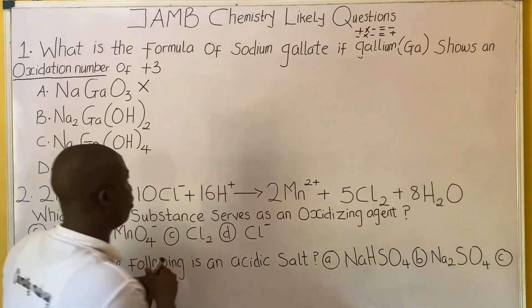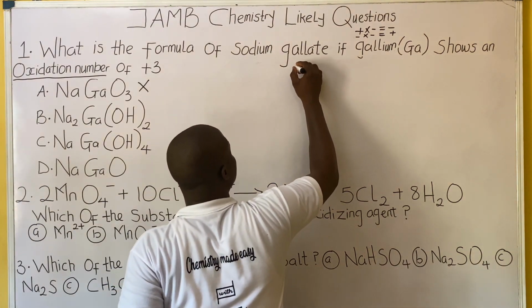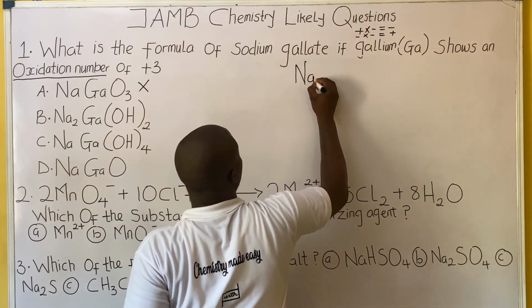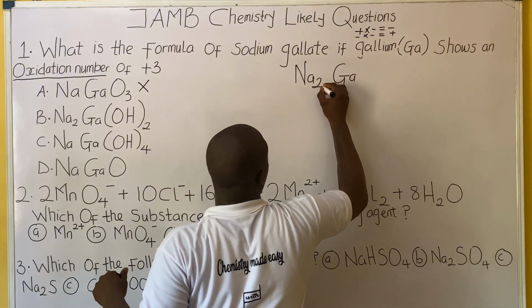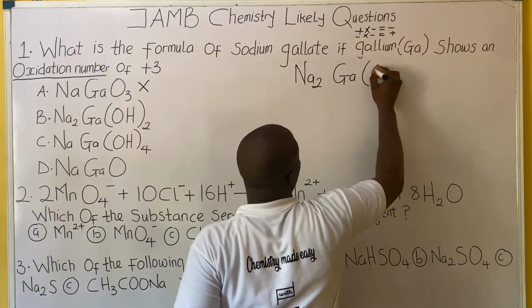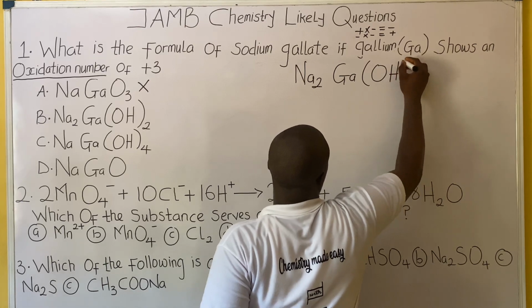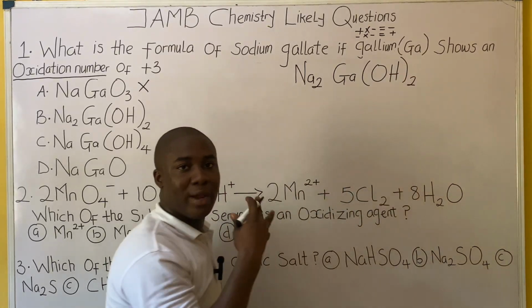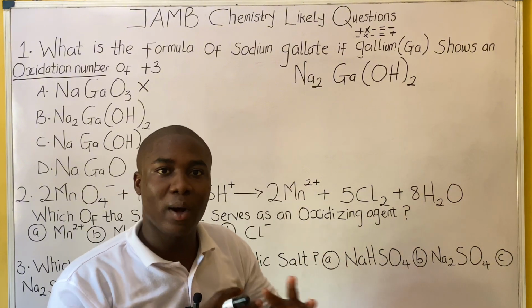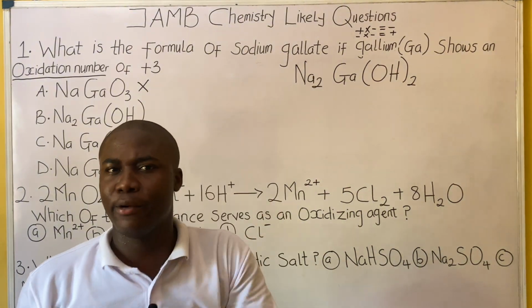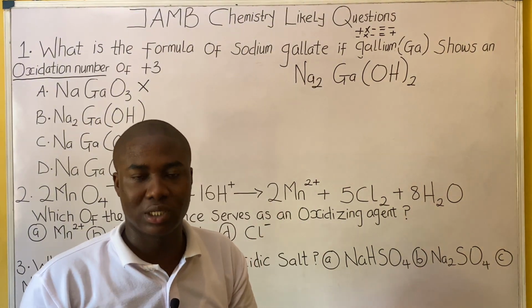This is the next option, option B, and the option is actually Na2Ga(OH)2, where we are looking for the oxidation number of gallium. You can see this compound written on the board, and I believe you can see that it has a bracket. I have to tell you something very important so you don't stress yourself.